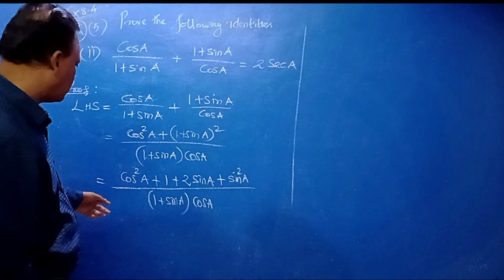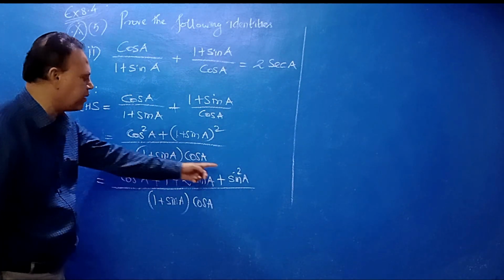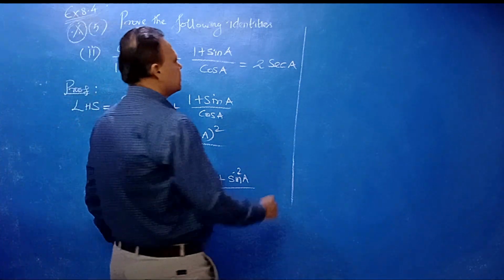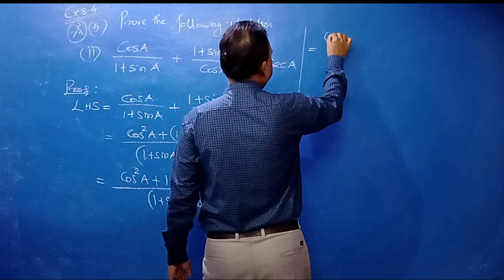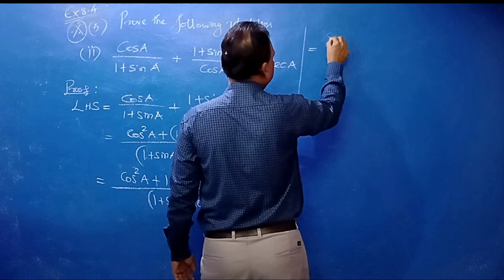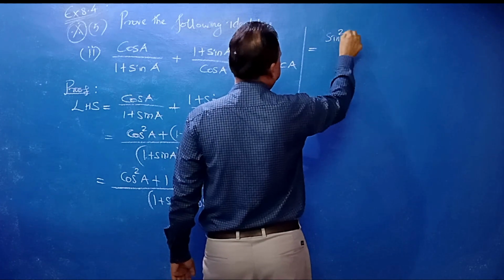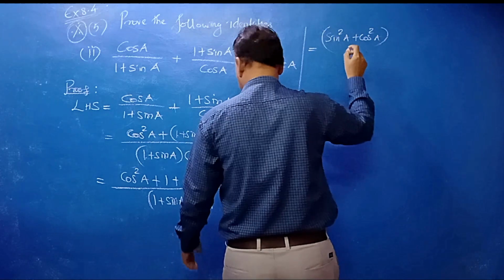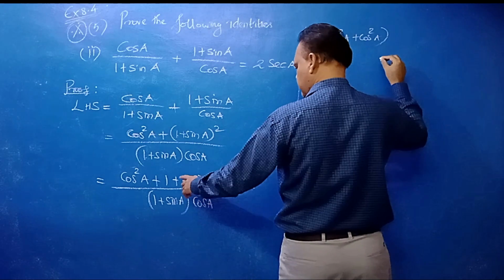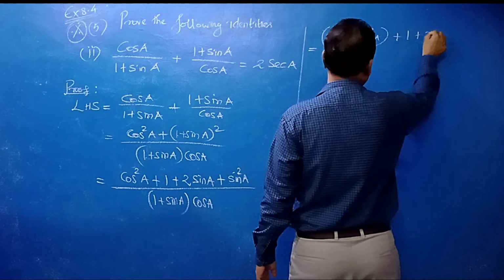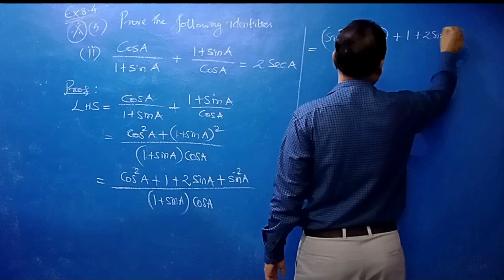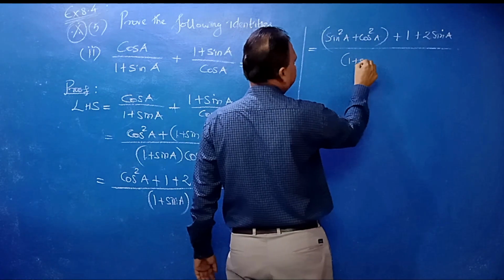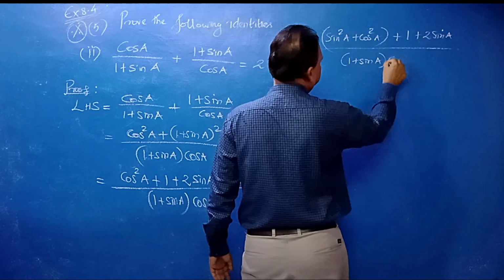Understand? So now what you have to do is group cos squared A plus sin squared A, that means 1. Sin squared A plus cos squared A, group it, plus 1 plus 2 sin A, whole divided by the denominator as it is.